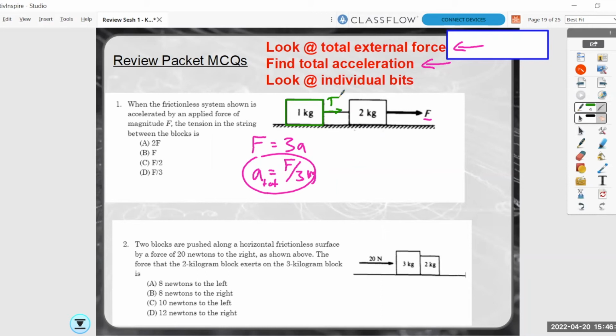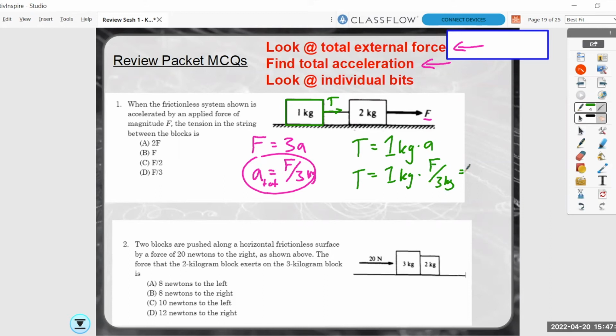The question is, I need that tension force to provide an acceleration of F over 3. I know the mass is 1 kilogram, and the acceleration I solved for is F over 3 kilograms.